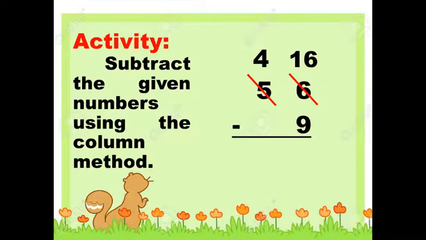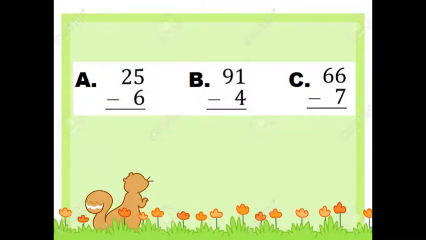Yes. So how many is 16 minus 9? Very good. That is 7. What will happen to our tens? Very good. We will bring it down to get our final answer, which is 47.